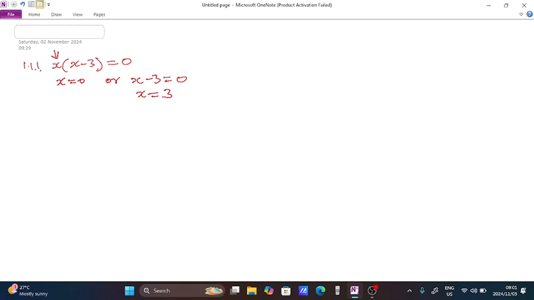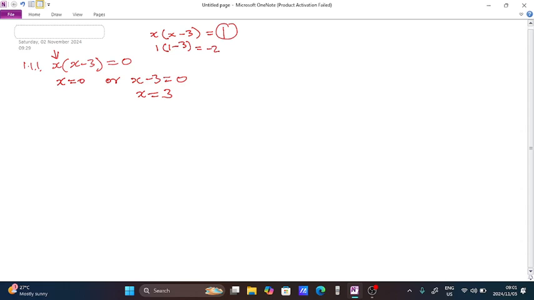But if on the right hand side maybe it's x into x minus 3 equals to 1. Can you see that? So now, if you choose x to be 1, then you will not get the answer for 1. Because if you substitute x here by 1, 1 into 1 minus 3, what will be the answer here? You will get negative 2. Can you see that the answer is not 1?